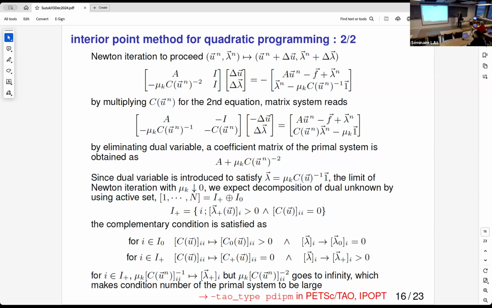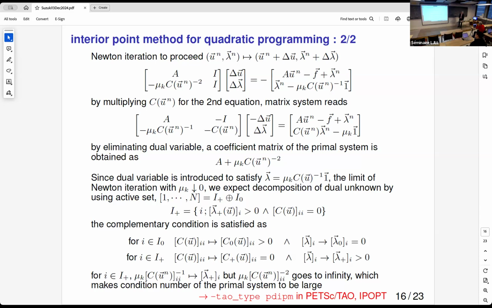If we eliminate the dual variable, this matrix becomes like that: A plus mu C to the minus square. This becomes bad. We can fix mu times C as some constant, but if C, the constraint, becomes 0, some part of the diagonal entries become infinity.